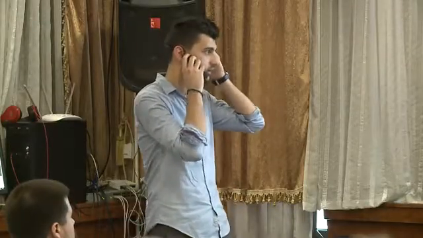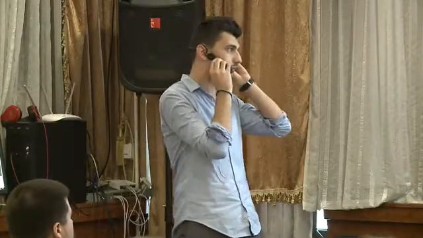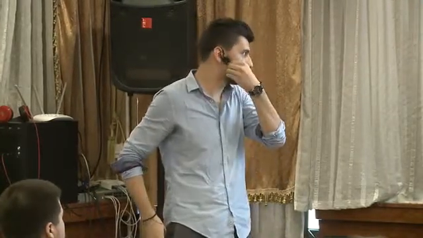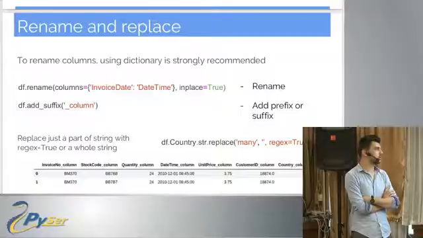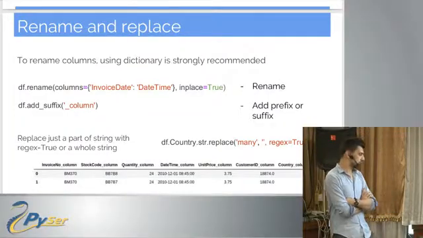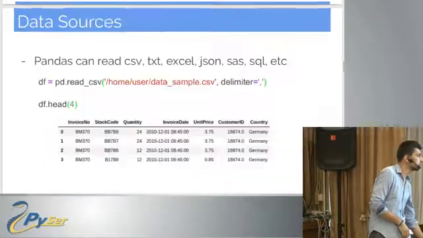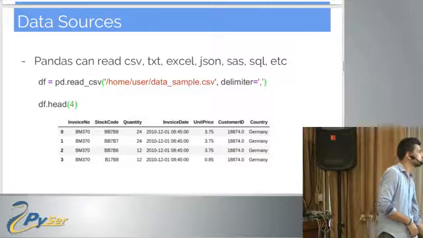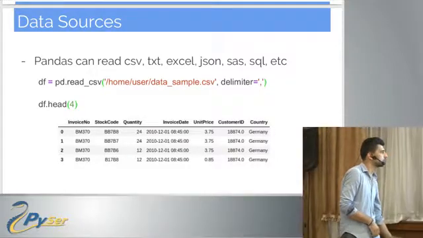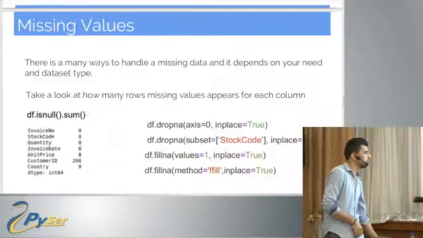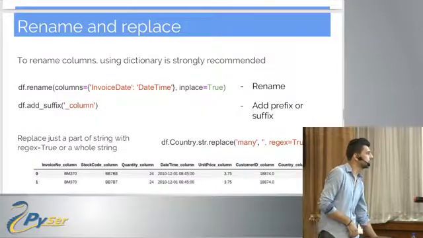Replacing values is a little bit interesting. There is a parameter, regex, and I'm not sure if you noticed in the country column, at the top of the data frame, we have the value Germany.